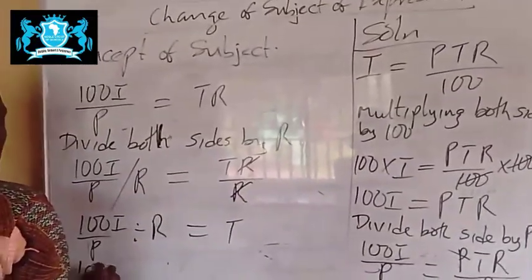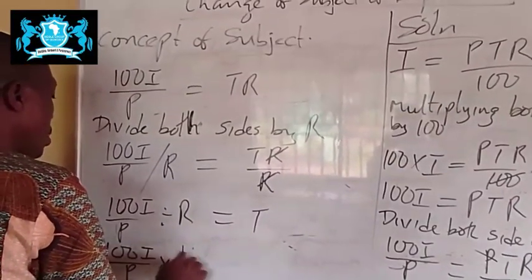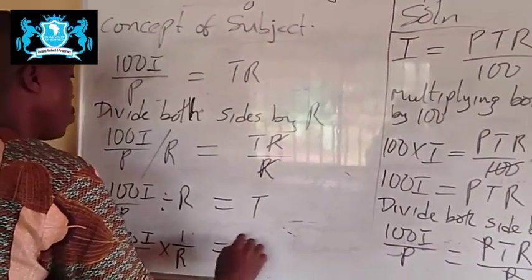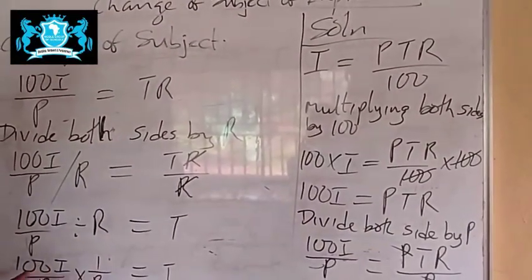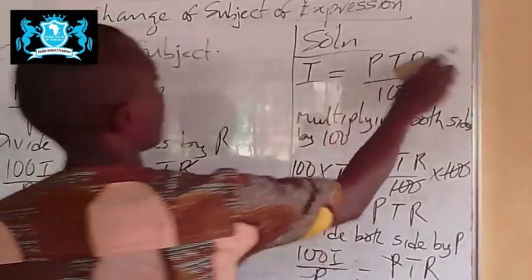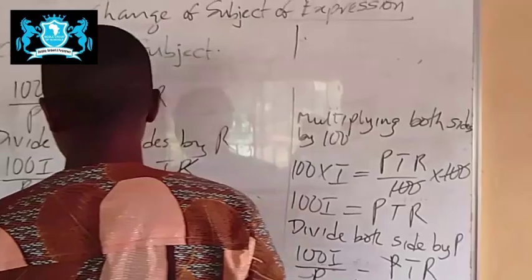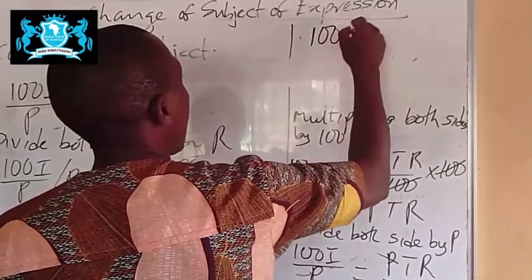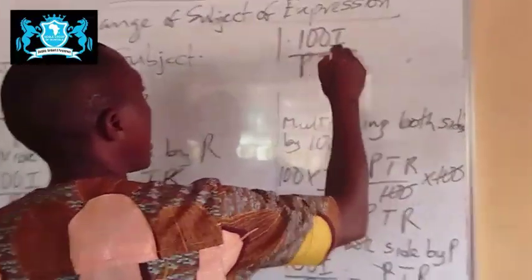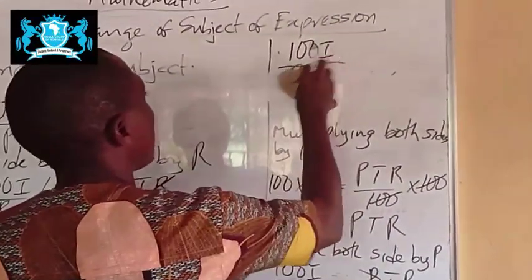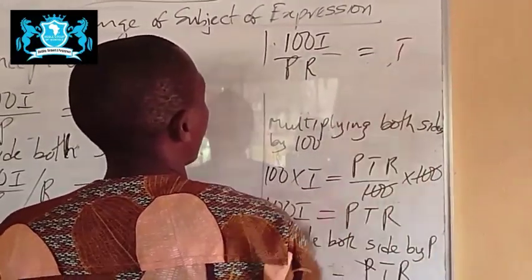Therefore, we have 100I over P multiplied by 1 over R is equal to T. 1 multiplied by 100I gives us 100I, all over P multiplied by R, which gives us PR, all equal to T.